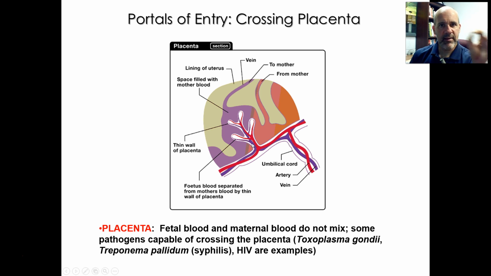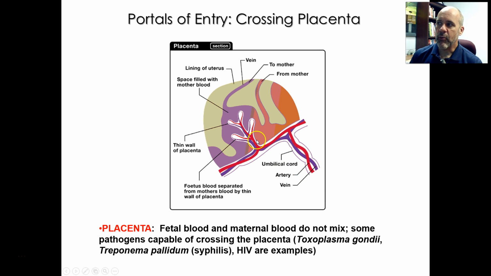So that very thin tissue there allows oxygen gas to come into the fetus's blood. It allows the carbon dioxide and other wastes to go out so the mother's blood can carry it away. Nutrients, things like glucose, are transported from the mother's blood into the fetal blood vessels, and then that's carried back to the fetus through the umbilical cord.